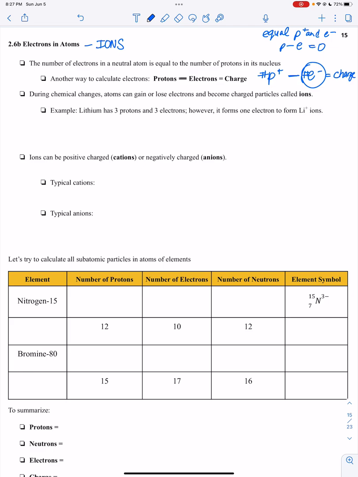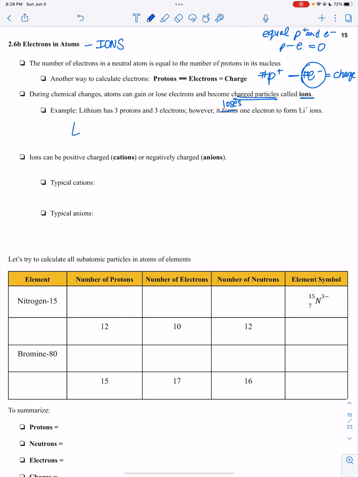During chemical changes, atoms can gain or lose electrons and become charged particles called ions. Ions are charged particles. So for example, lithium has 3 protons and 3 electrons. It could lose 1 electron to form Li plus ions.